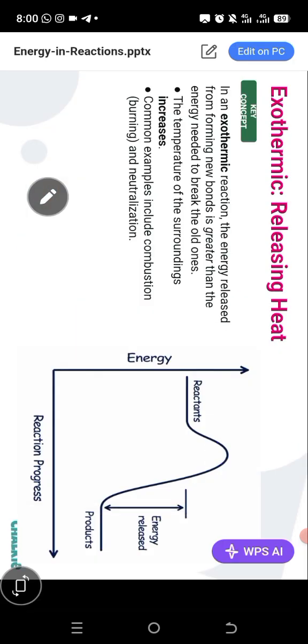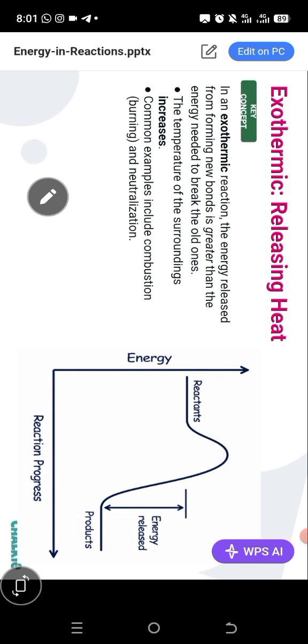Now let's take it one after the other. We are going to start with an exothermic reaction, releasing energy. That means energy is being released, given out, given off to the surroundings. In an exothermic reaction, the energy released from forming new bonds is greater than the energy needed to break the old ones.